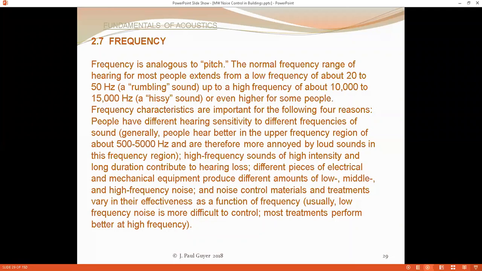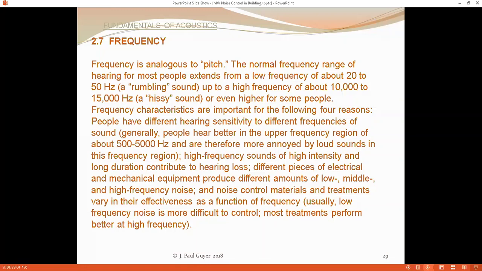And within that spectrum, as far as humans are concerned, the portion of that spectrum in which the human ear and brain are most sensitive to sound is the 500 to 5,000 hertz part of the spectrum. So sounds within that part of the spectrum, 500 to 5,000, those are the sounds that humans are most sensitive to and potentially most annoyed by.